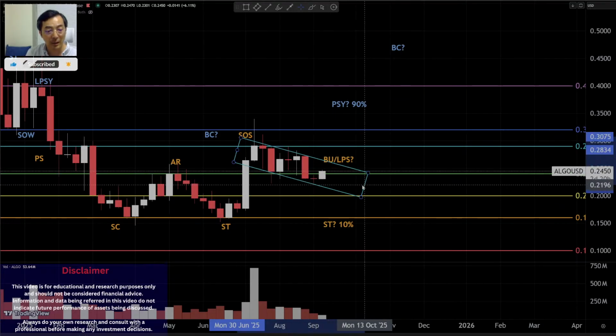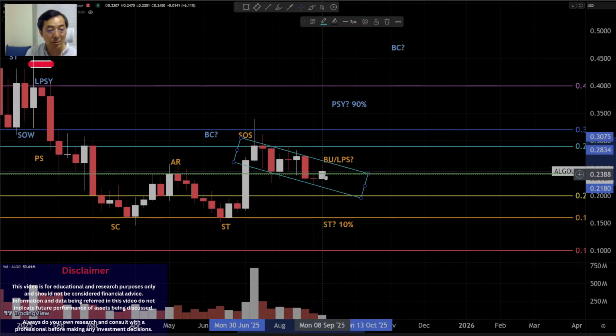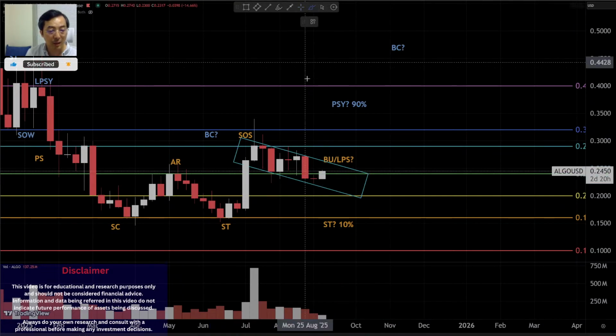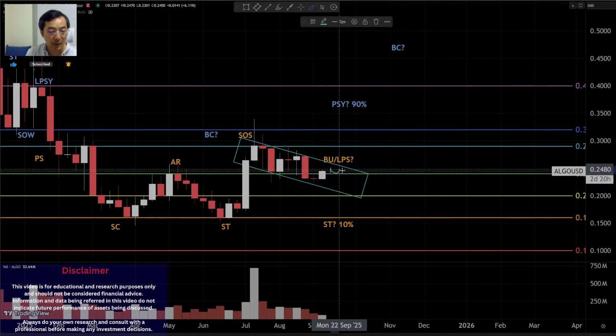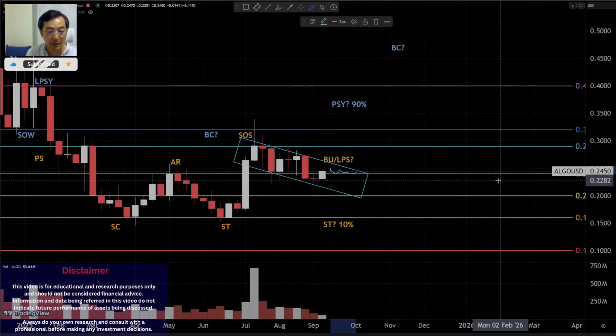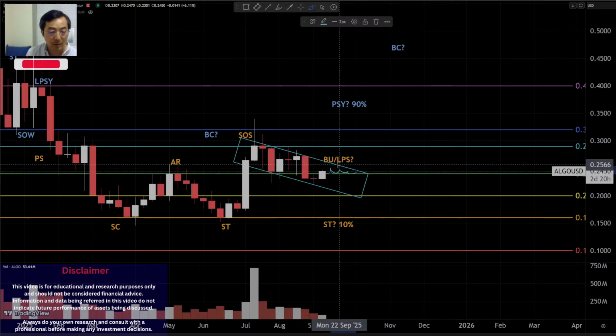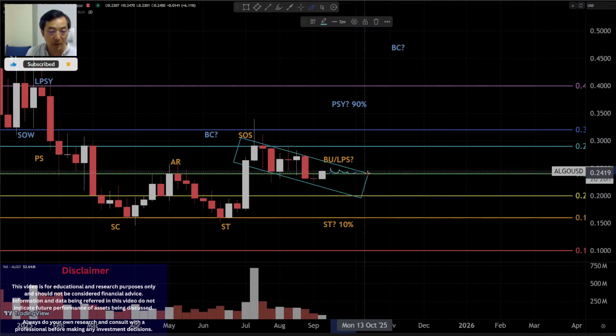If I extend this further, assuming the price continues to trade above this green line, meaning the bulls successfully defended this level, this channel box is going to cut the green line somewhere in mid-October.